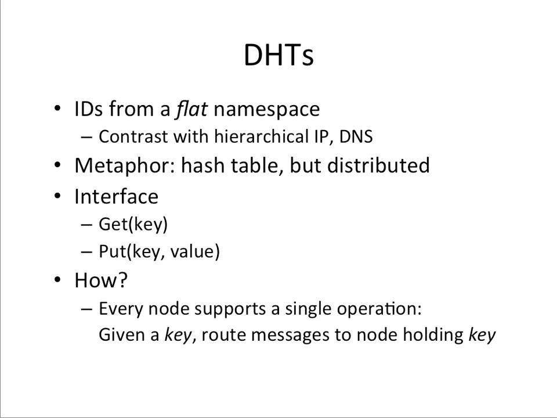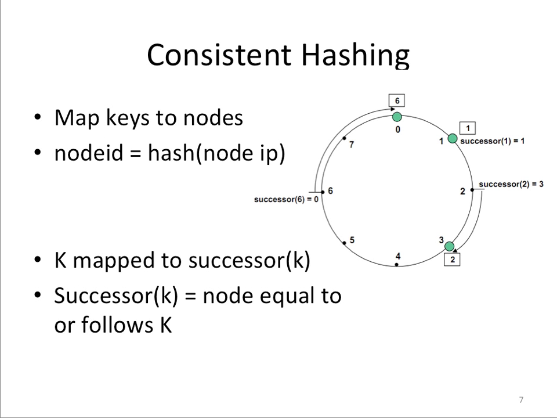So before we design a DHT, let's spend a moment thinking about this idea of consistent hashing. The circle that you see on that slide is called the namespace. Basically, the keys in this particular system can be any number between 0 and 7.